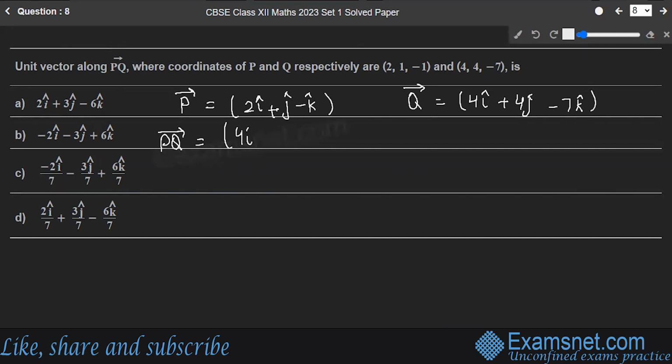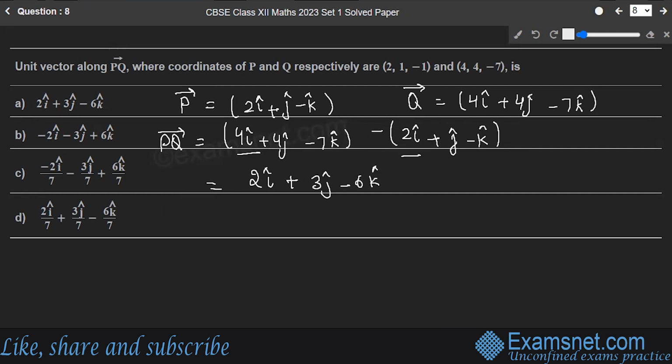This will be given by 4i plus 4j minus 7k minus 2i plus j minus k. This will give you 4i minus 2i, that is equal to 2i, plus 4 minus 1, that is 3j, and minus 7 plus 1, that is minus 6k. This is the position vector for PQ. You have to find out unit vector along PQ.